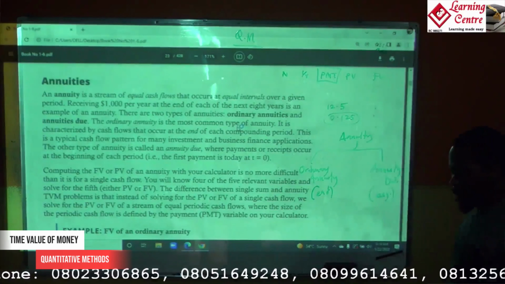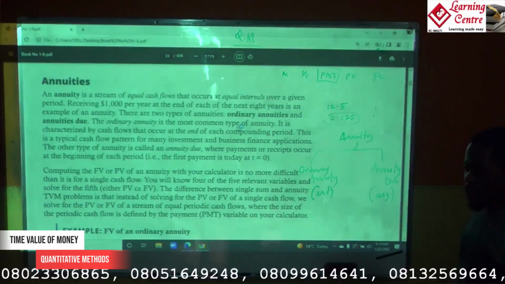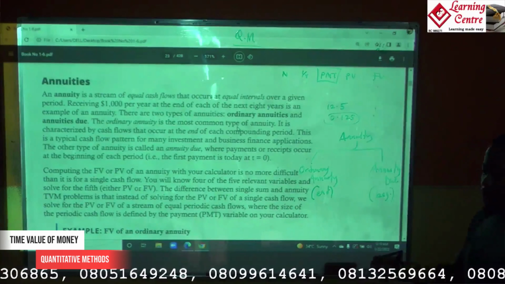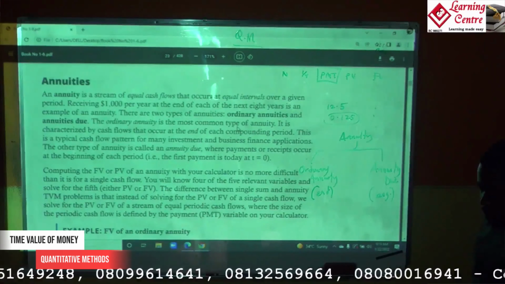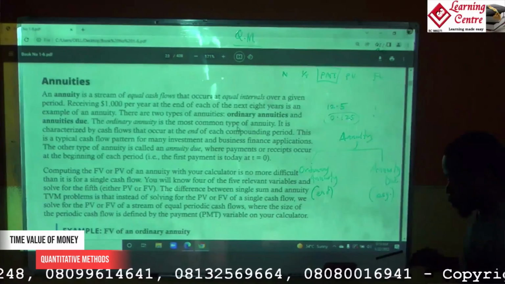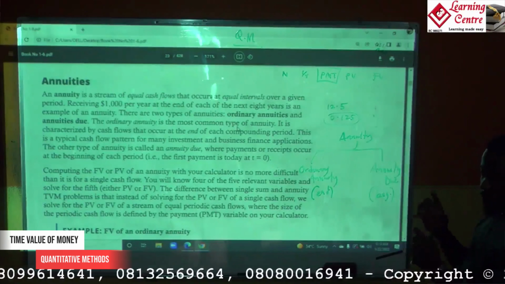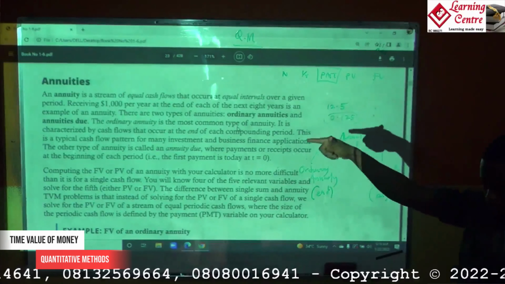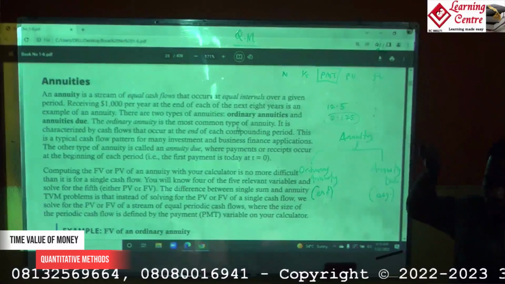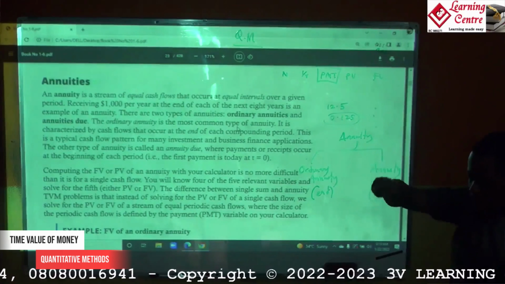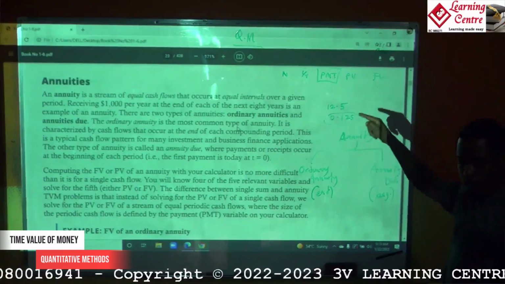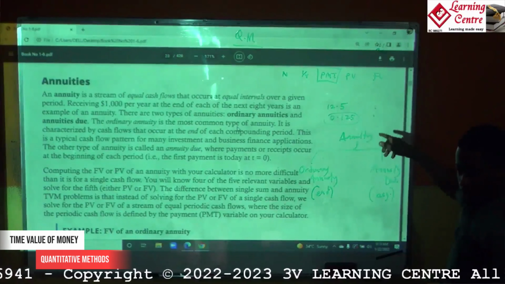At the end of the period, he's also going to give Razak a Christmas bonus of 5 million naira. So that Christmas bonus that Razak is expected to receive as a lump sum in December will be referred to as future value. It is different from the regular 50K that is occurring every month.